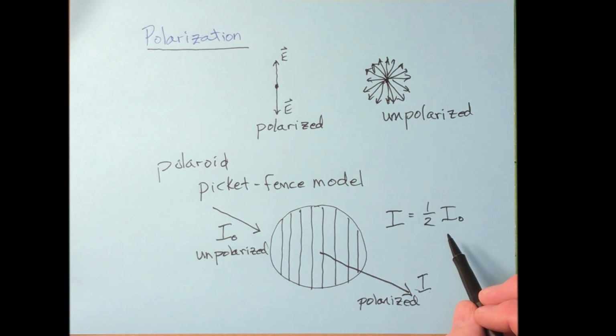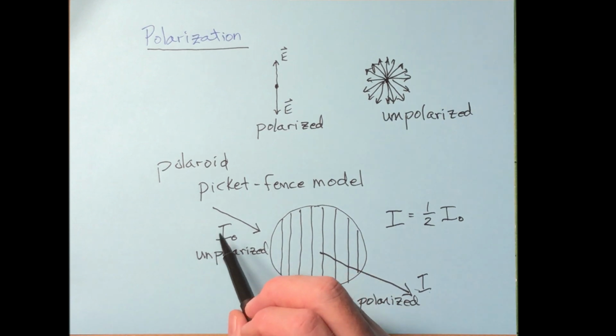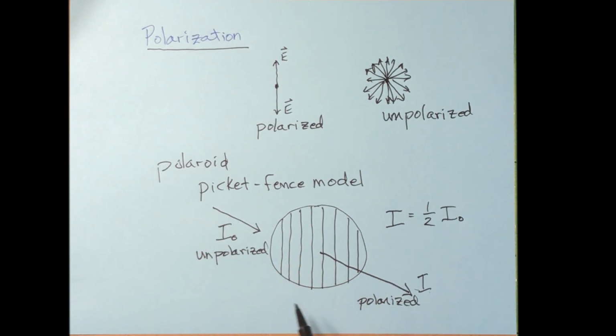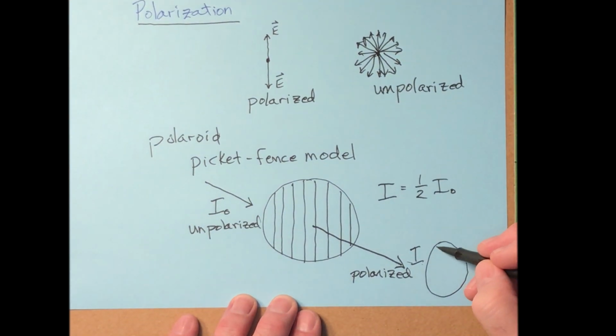And it holds if the incident light is unpolarized with randomly oriented electric vectors, E vectors, that passes through the filter. But what if we take now this polarized light and we pass it through another filter? And maybe this filter is at a different angle here.